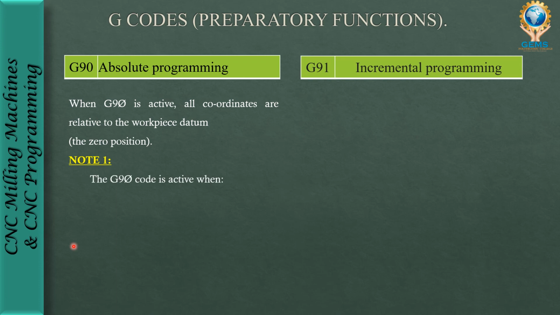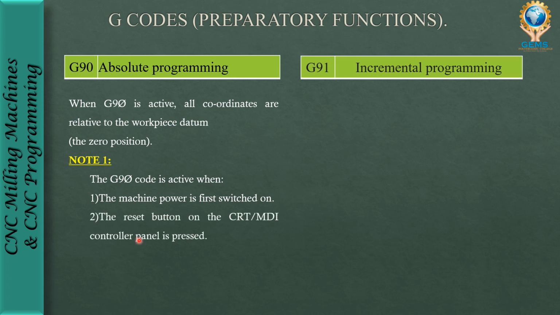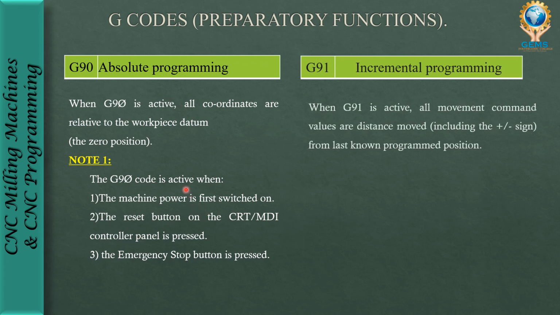Note: the G90 code is active when the machine power is first switched on, the reset button on the CRT or MDI control panel is pressed, and the emergency stop button is pressed. Only when these things are done will the G code become active.